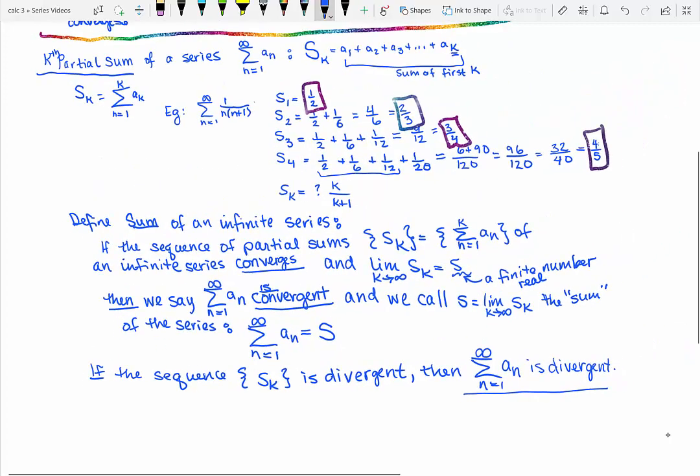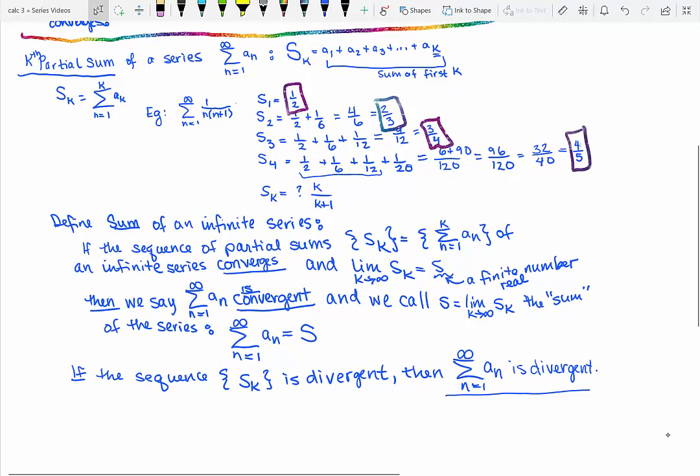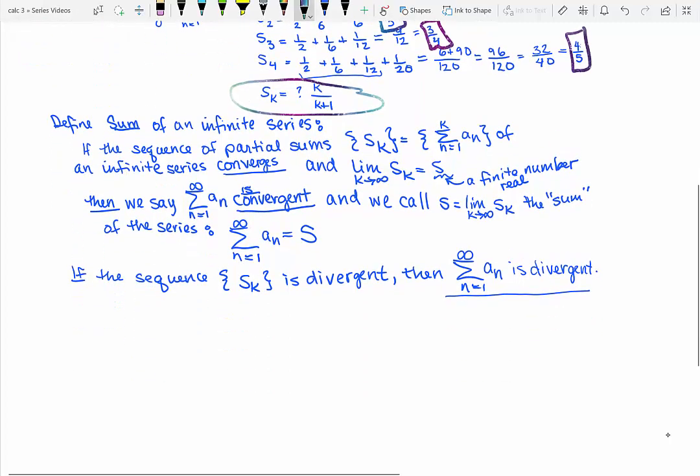So, looking at our example here, the sequence we're talking about, k over k plus 1, is the sequence of partial sums. We had the series n equals 1 to infinity of 1 over n times n plus 1.